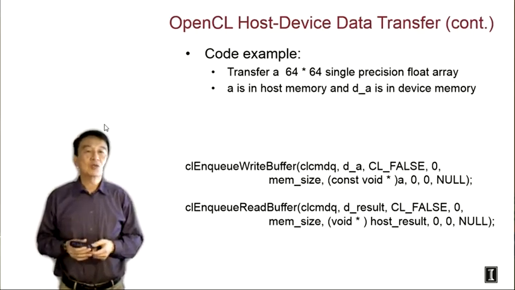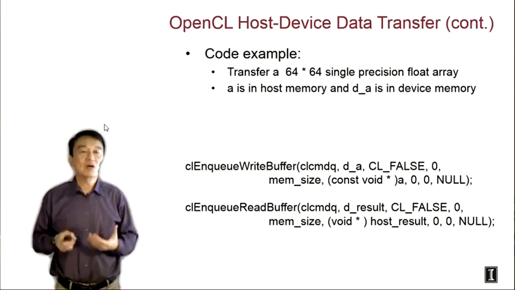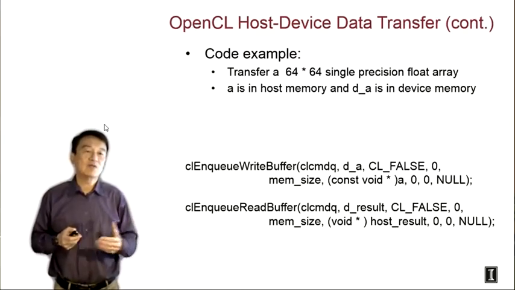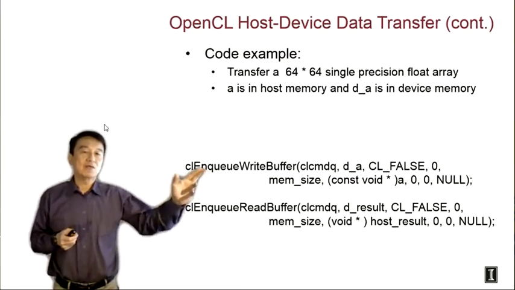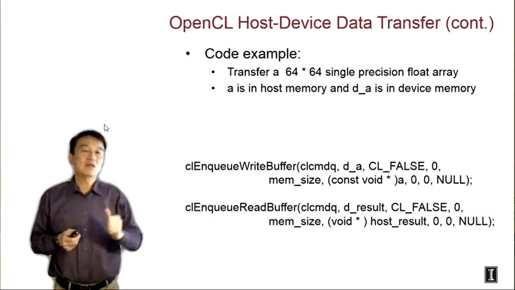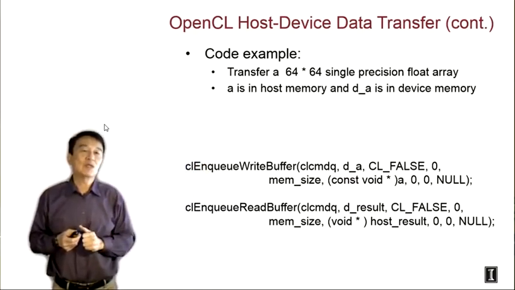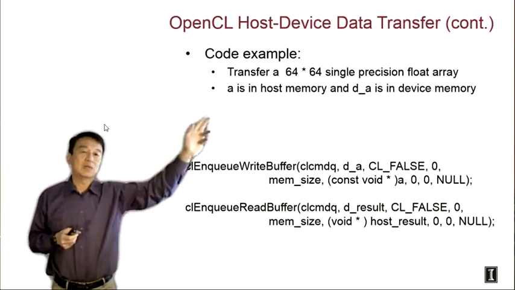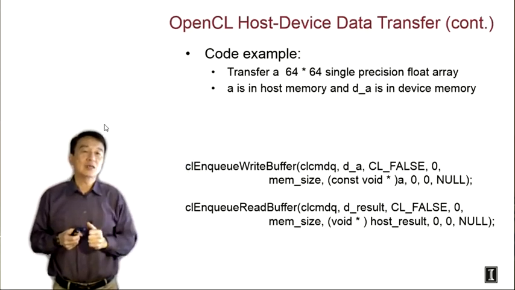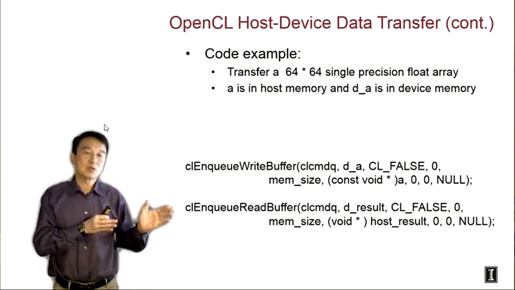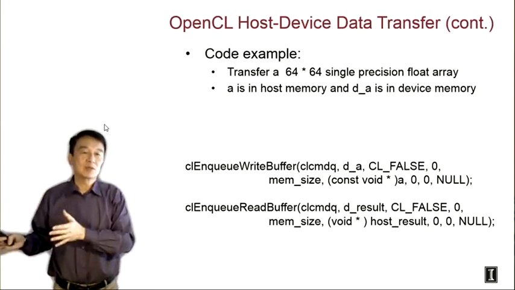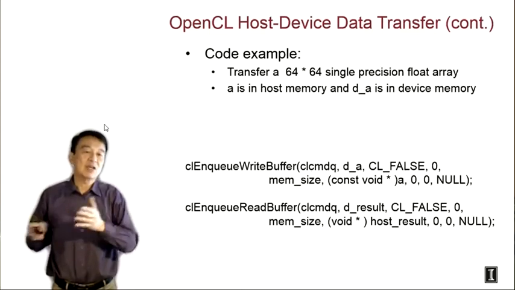Here we show a very simple example of how you can use enqueue write buffer and enqueue read buffer. If you want to transfer a 64 by 64 single precision floating point array, assume that A is in the host memory that we want to transfer to device memory pointed to by d_A.